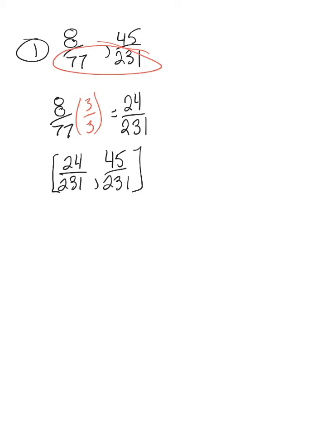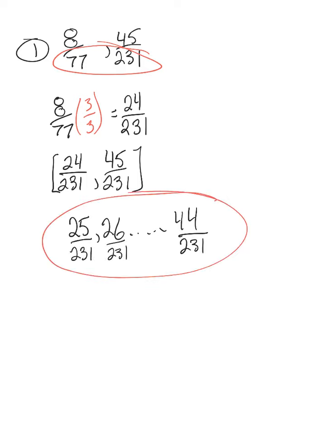Any single number from 25, 26, to 44 over 231. Any of these would be an acceptable answer because each and every one of them is between 8/77 and 45 over 231.